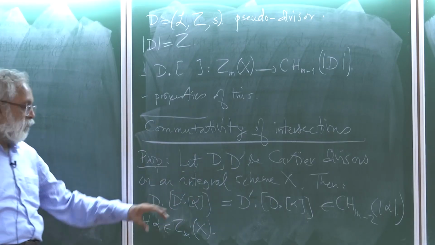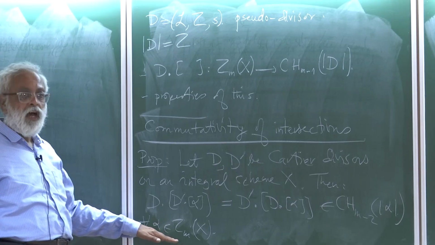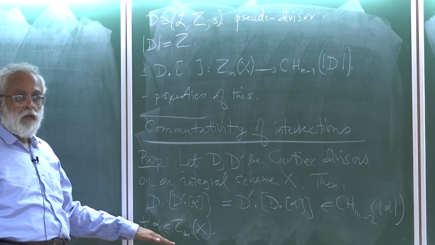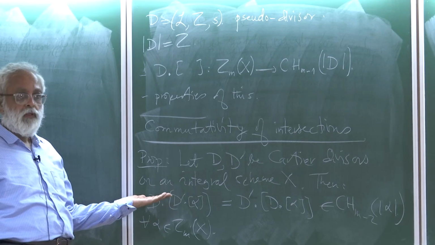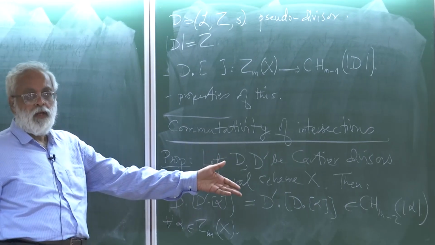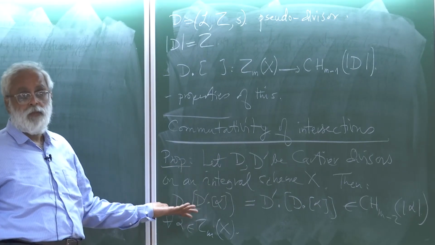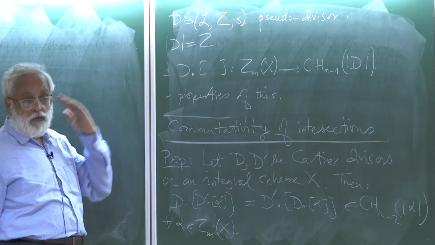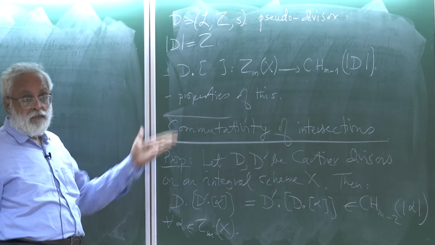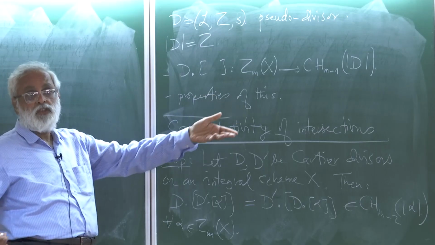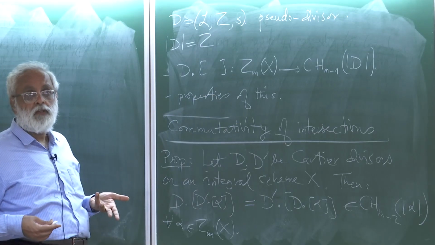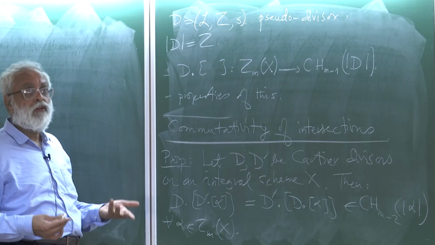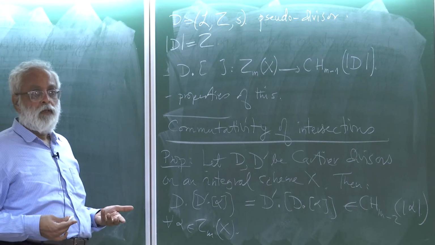So I should have written it perhaps the other order. Start with the cycle α in dimension m, take two Cartier divisors, and intersect with them. Each Cartier divisor on an integral scheme gives me naturally a pseudo divisor. And if I have any subscheme of a scheme where I have a pseudo divisor, I can restrict it to the subscheme to get a pseudo divisor on that subscheme.